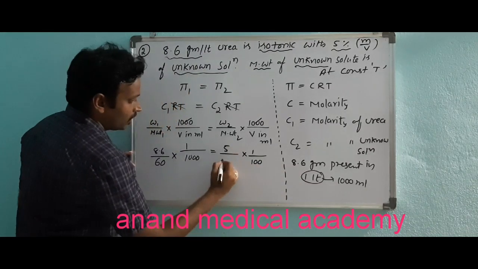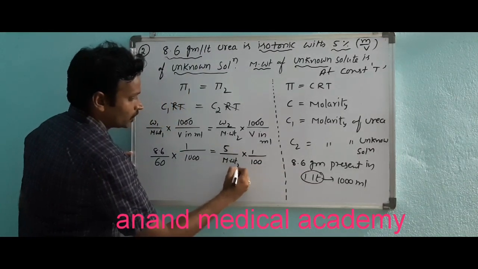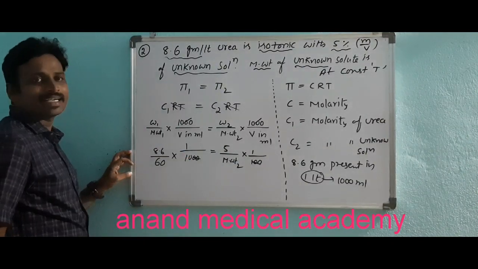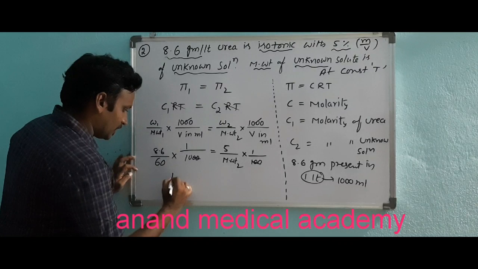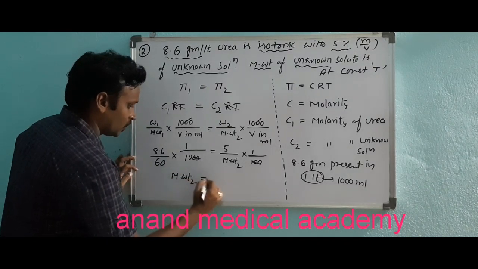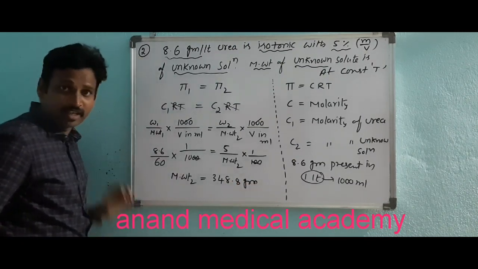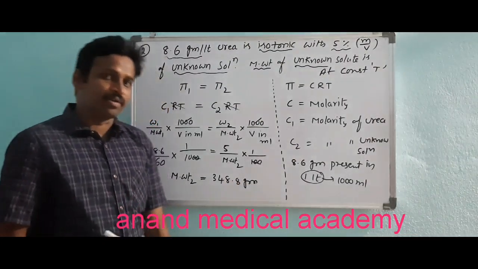And here the molecular weight is unknown. If you simplify this, you will get the molecular weight of that particular unknown around 348.8 grams. I'm not simplifying here, so you can simplify.